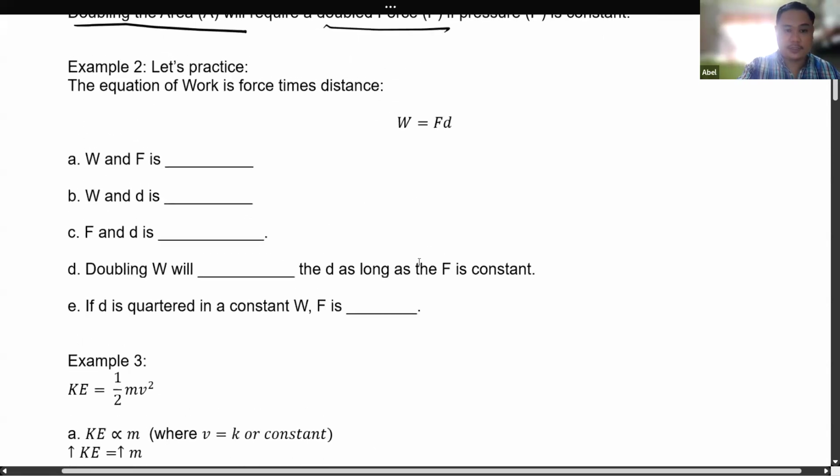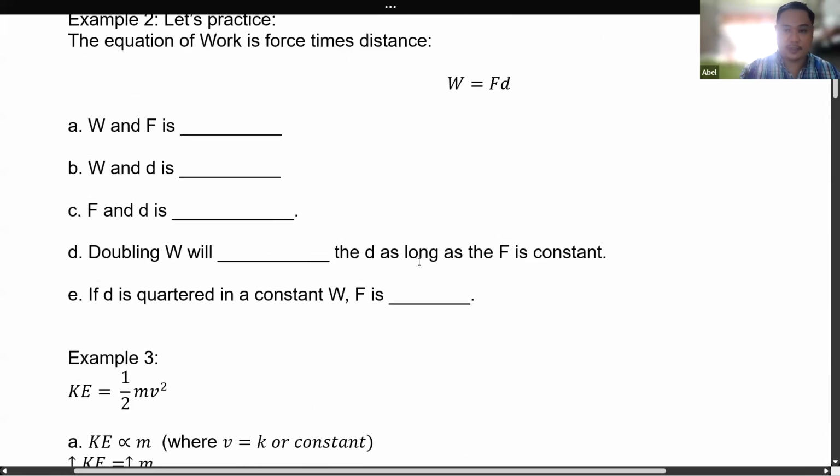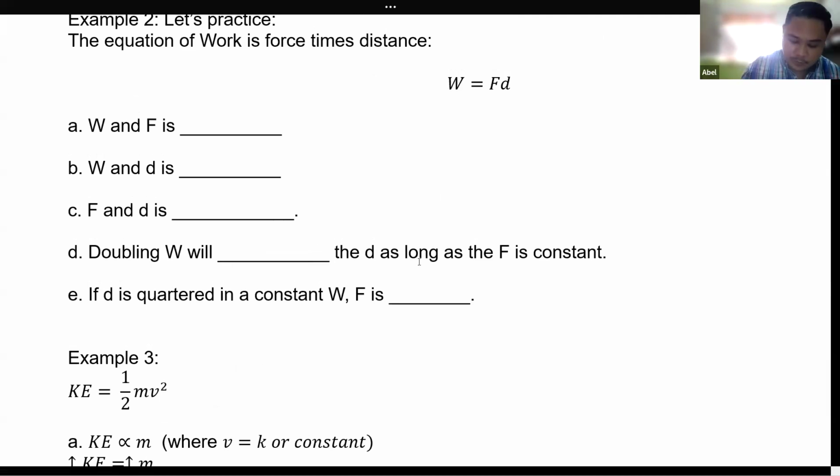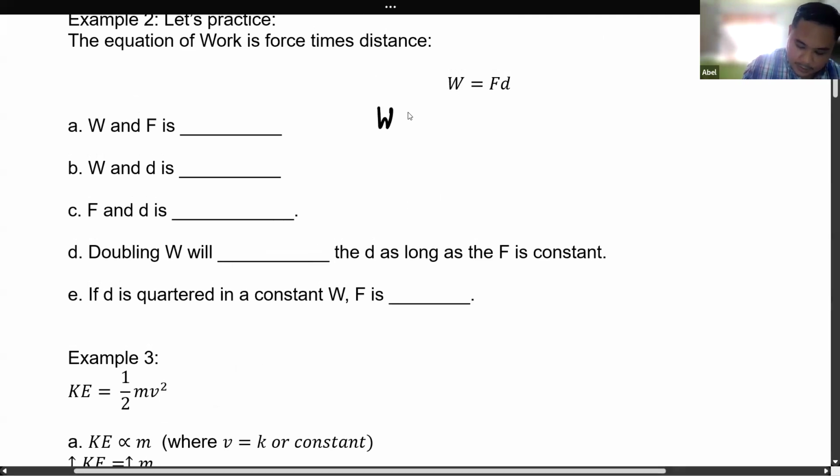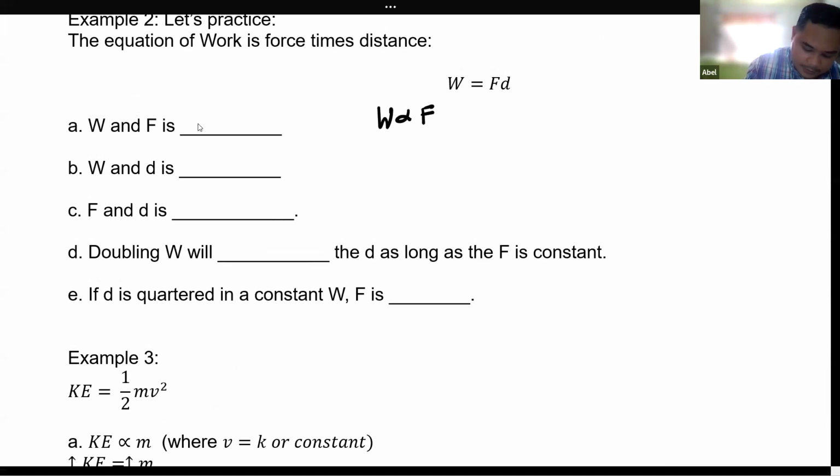Now, how about this example number two? Let's try to practice. Say for example, you don't know yet the equation for work, but this time work is force times distance. How about the relationship between work and force? Work is directly proportional to the force. Work and force are in direct proportion.